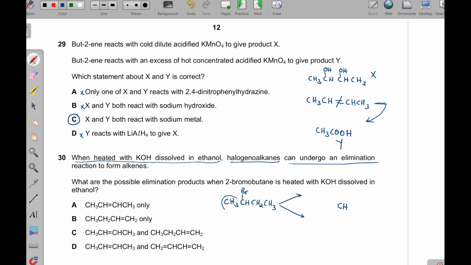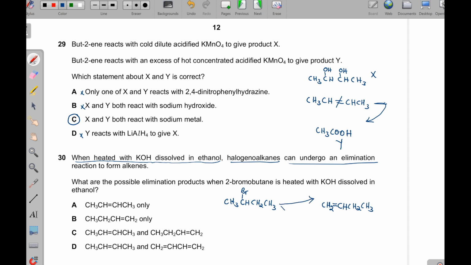Then the carbon attached to the one holding the bromine is going to lose a hydrogen. So it is either this carbon that loses a hydrogen or this carbon here. If this one loses the hydrogen, then we shall get CH2, then the double bond here, and then CH2, CH3. This is but-1-ene, okay? So we form that but-1-ene.